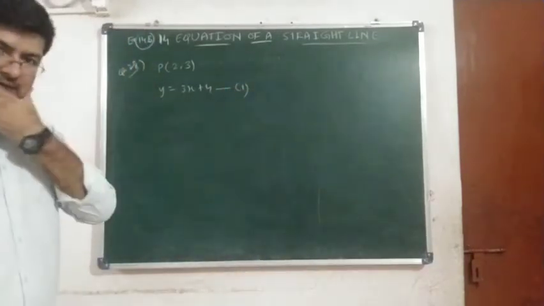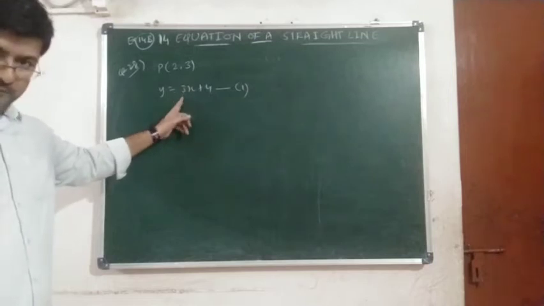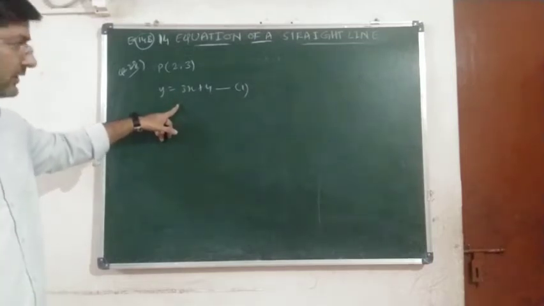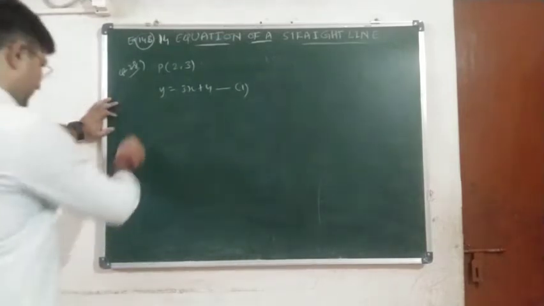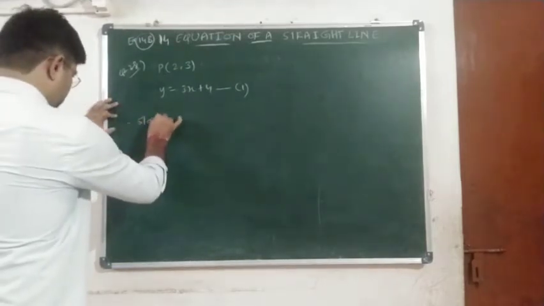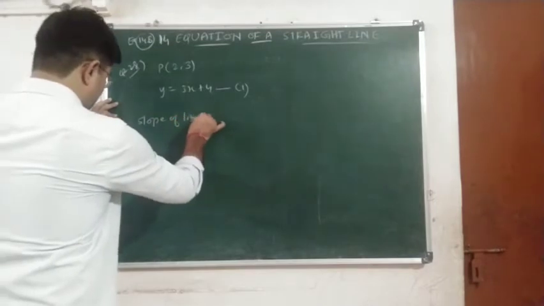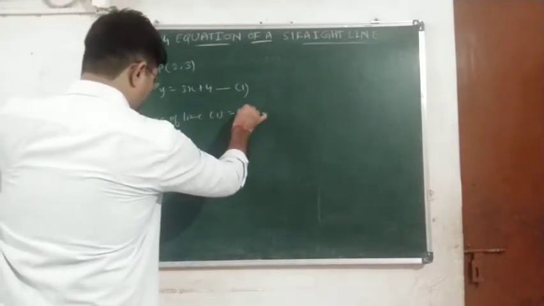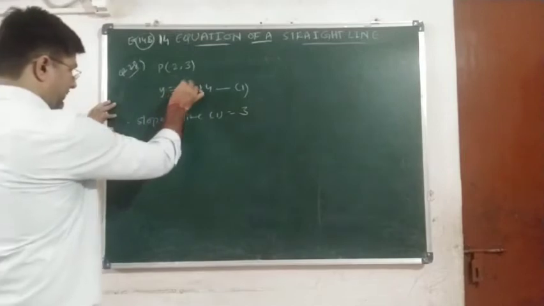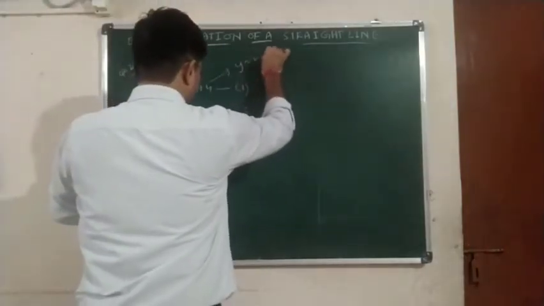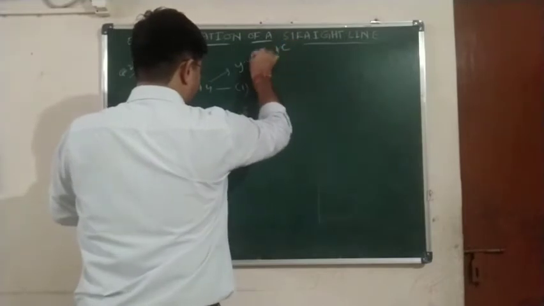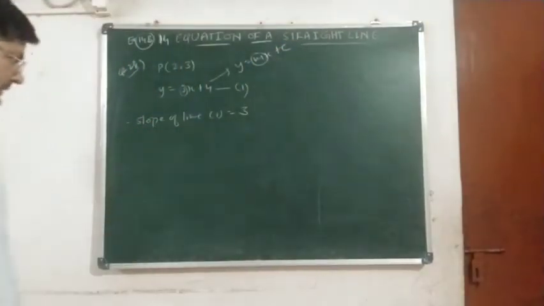So what is the task? We will find the slope of the given line, then the slope of the required line will be the negative reciprocal of the slope of line 1. Now the slope of line 1 will obviously be 3, because this is in the standard form y is equal to mx plus c. So the value of m is 3.